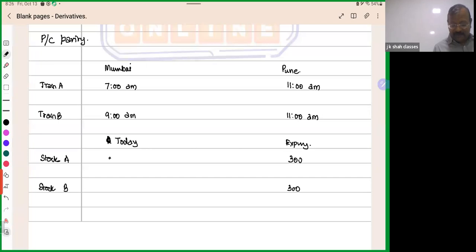That means this price must be, say, 200, and this also is 200. Then you'll be indifferent. But if they are different, will you have a preference? Which one? Stock B? Okay.